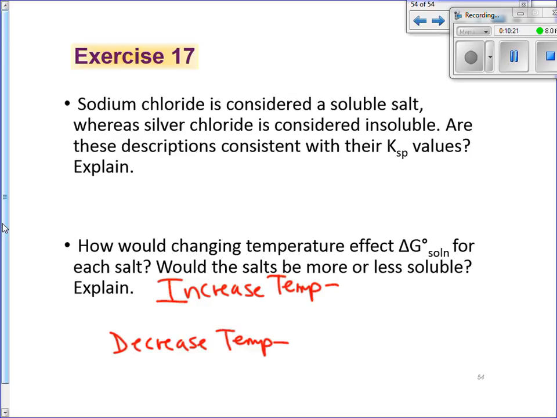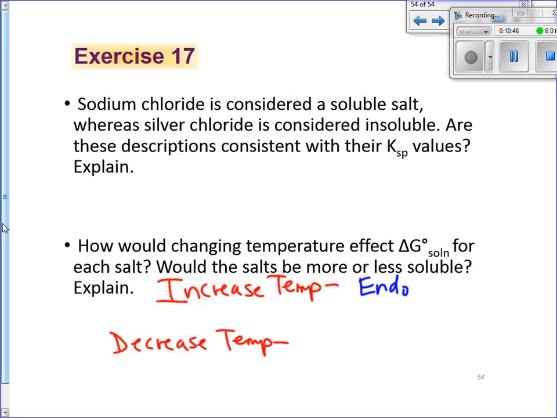Would increasing the temperature make it more soluble? Yes. Why? It's endothermic. Thank you. That's what I was going for. Because they're endothermic, so you're going to increase your solubility. Okay?